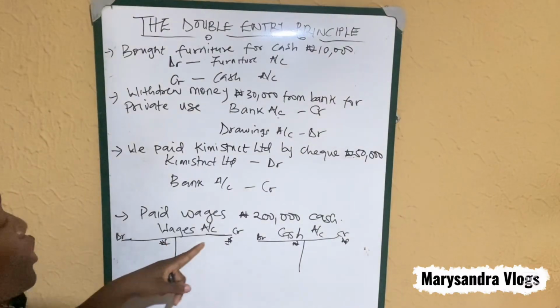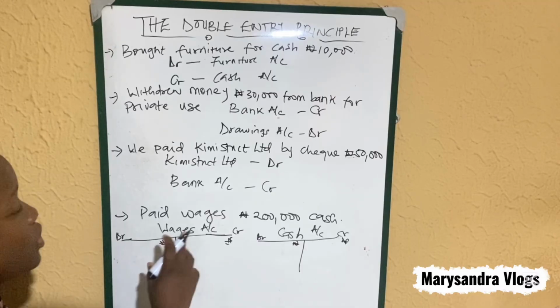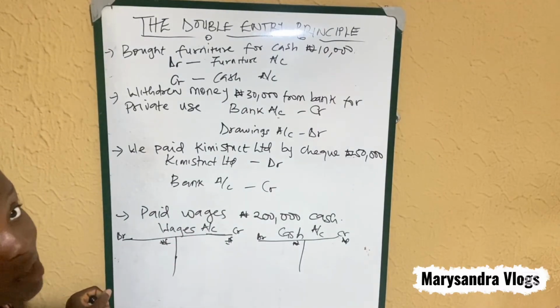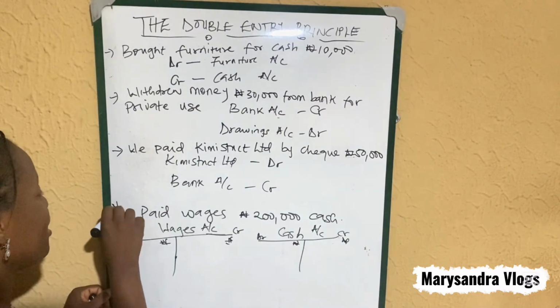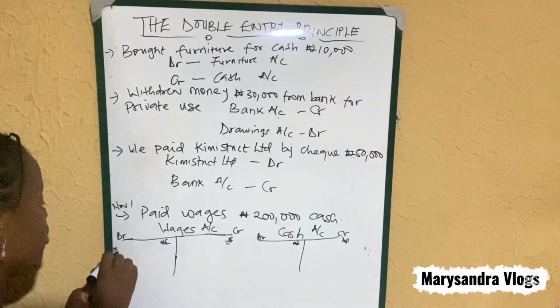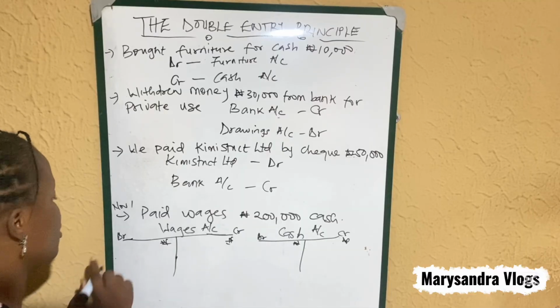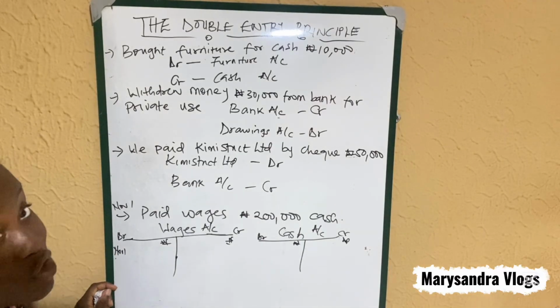So when you pay wages 200,000 naira cash, wages account is receiving. So you debit, let's put a date of transaction in this. Let's say November 1, paid wages 200,000. We come here, November 1, we paid wages 200,000.